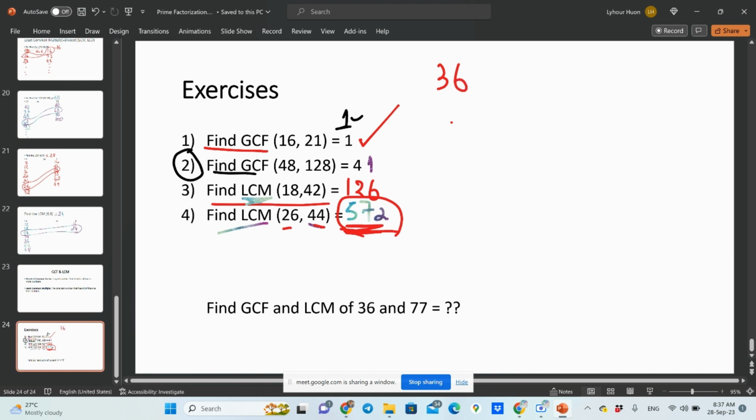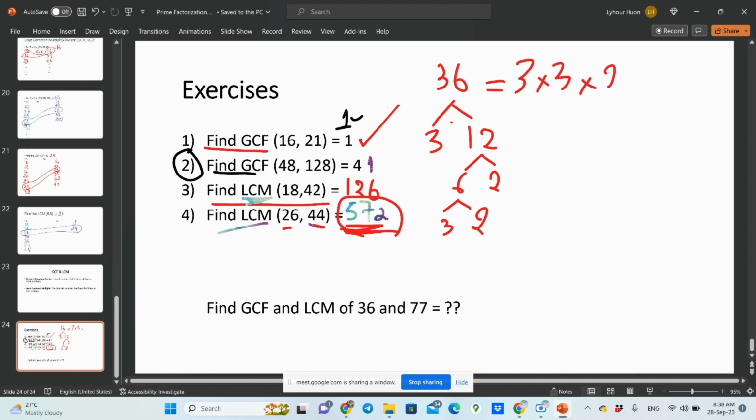Okay, maybe let's do it together. 36 is composed of 3 times 12, and we turn 12 into 6 times 2, and then we turn 6 into 3 times 2. So 36 is 3 times 3 times 2 times 2, right?